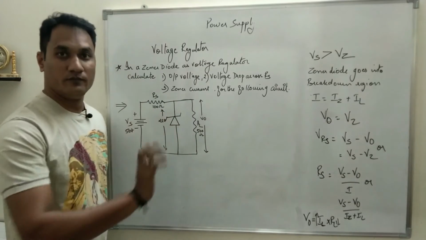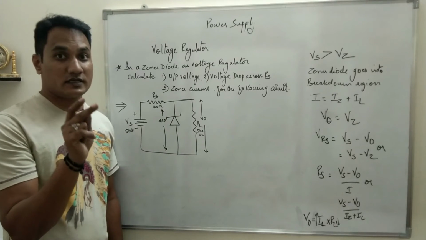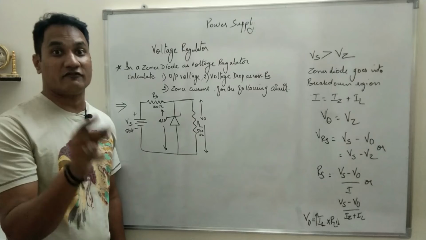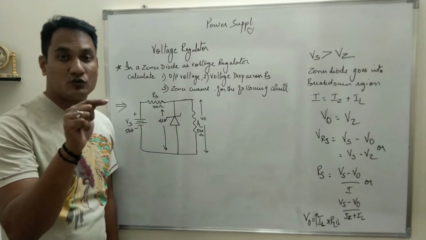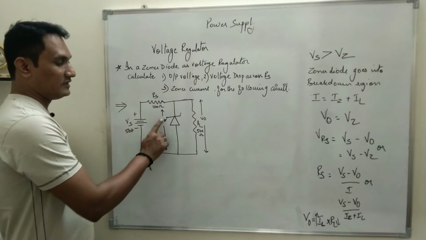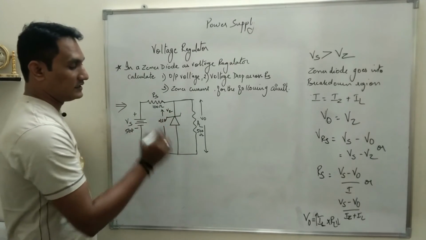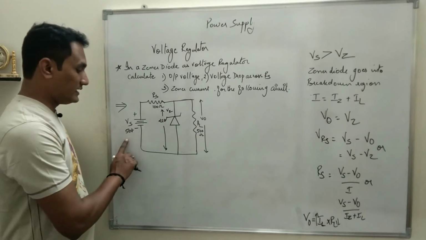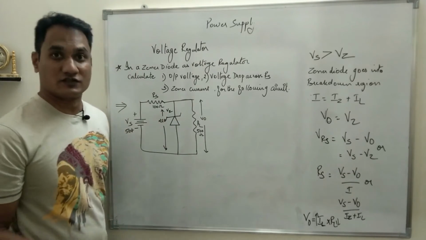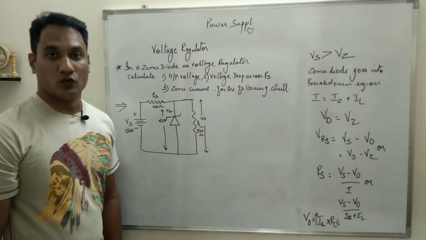Yes, that is true. And the second very important thing is, for the Zener diode to be used as a voltage regulator, Vs should be equal to or greater than Vz. Vs is 50 and Vz here is 25 volts. So Vs is greater than Vz. So both the conditions are true. That means this circuit will work as a voltage regulator.